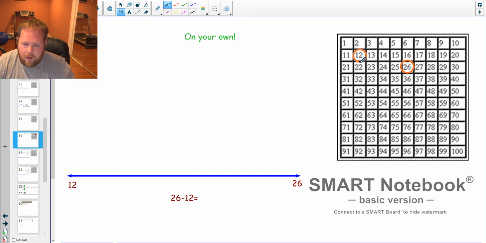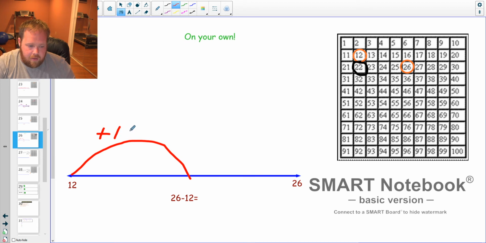Go down 1. 12 plus 10 is 22. Wonderful. So we're going to do plus 10. So plus 10 is 22. Very nice. Now we're counting from 22 to 26.